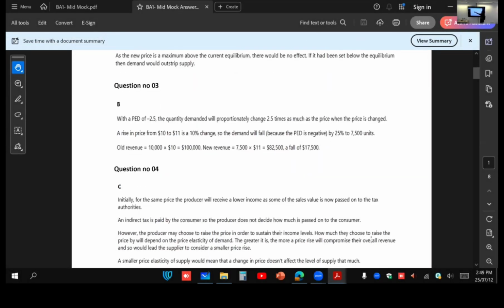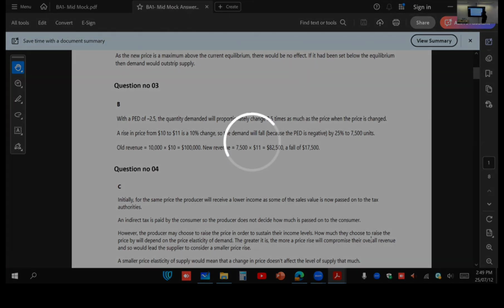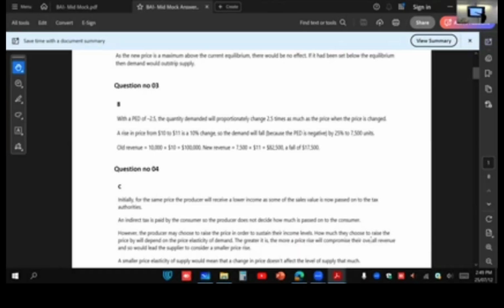With the PD of minus 2.5, the quantity demanded will proportionately change 2.5 times as much as the price when the price is changed. 10 to 11, 10% change. Keeping that at 25%, so 7,500 units you can get.